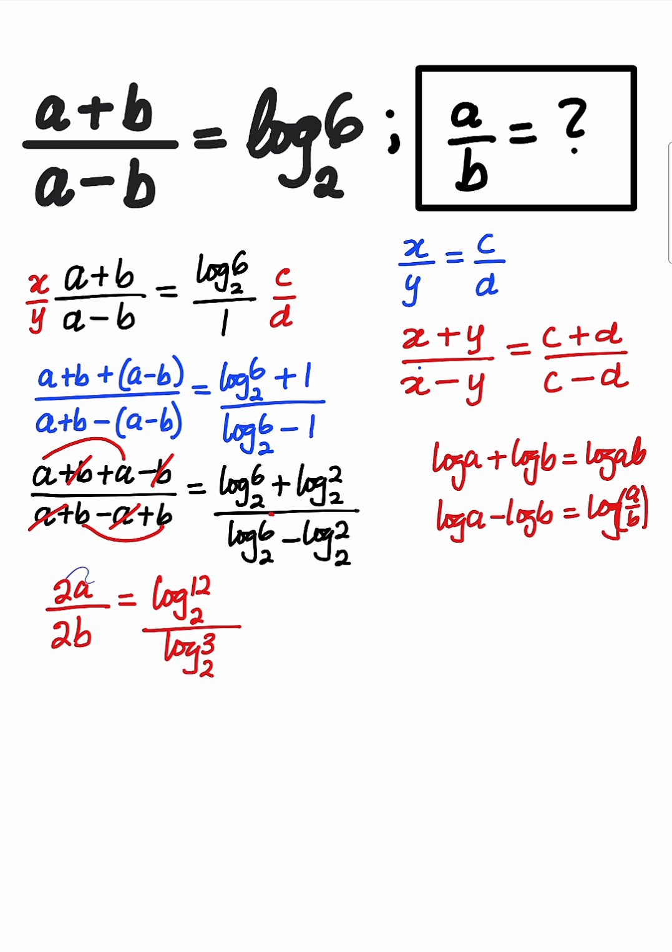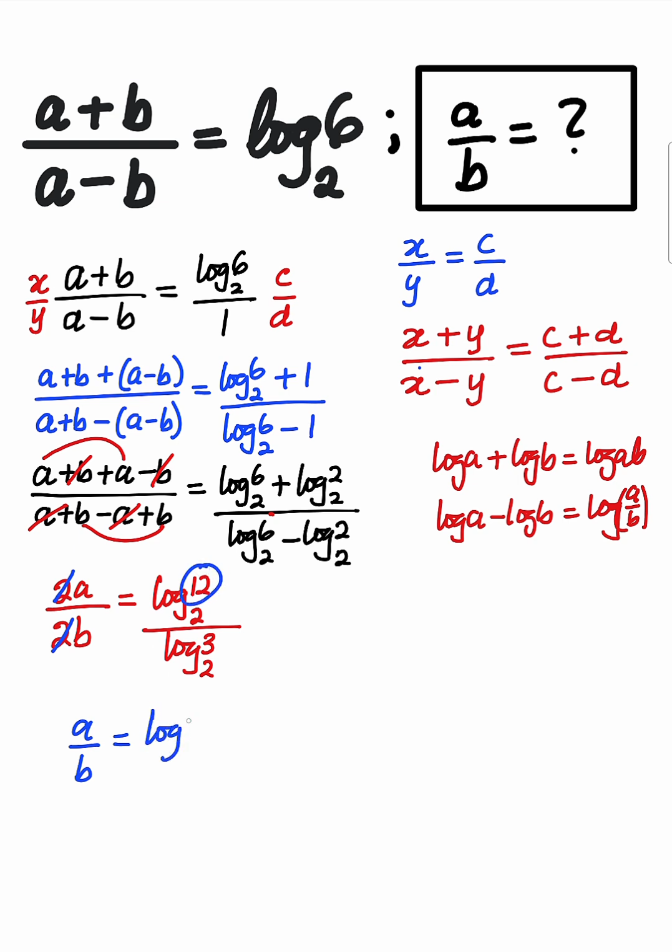Now since we have a common factor here, let's just clear 2 off. So we are left with a all over b equals, now since both this logarithm and this logarithm have the same base, what we need to do is take the argument.